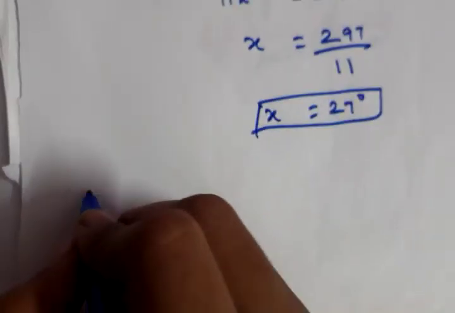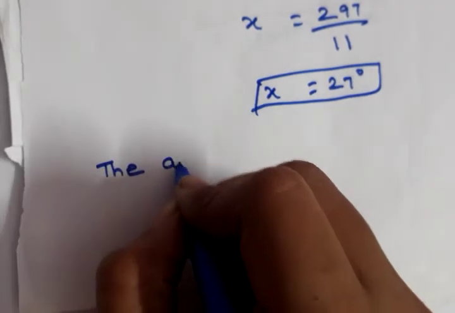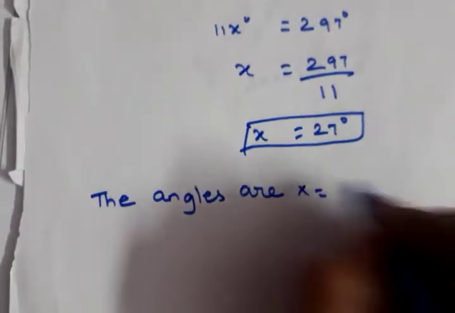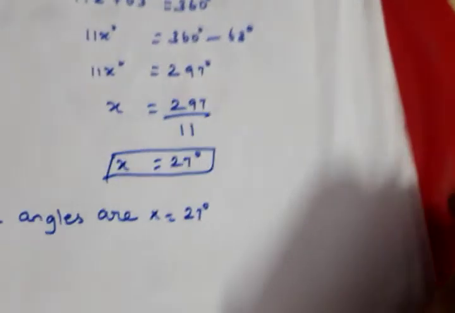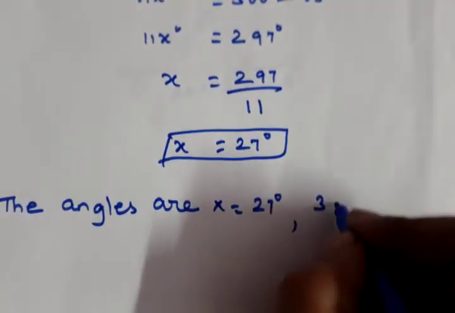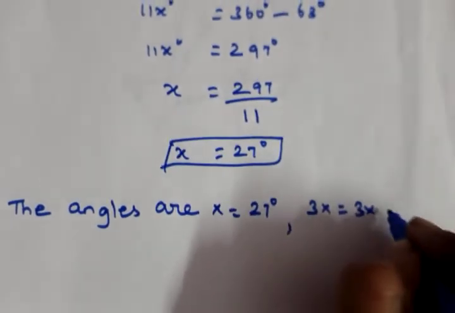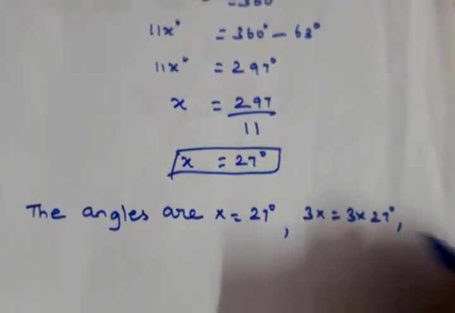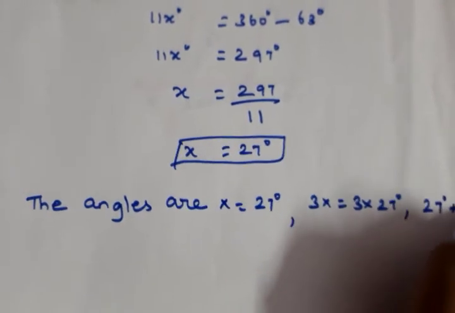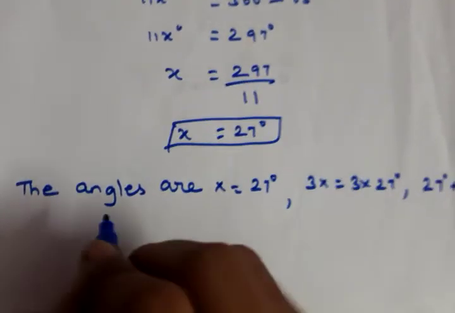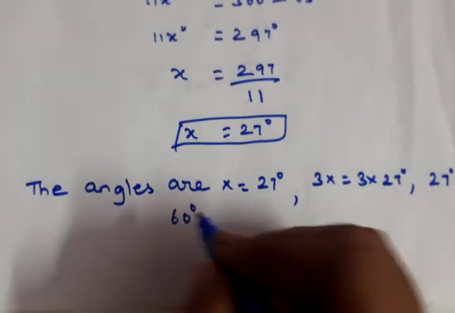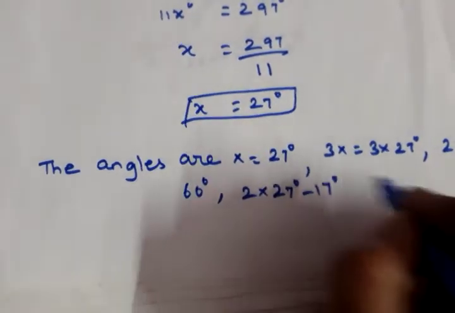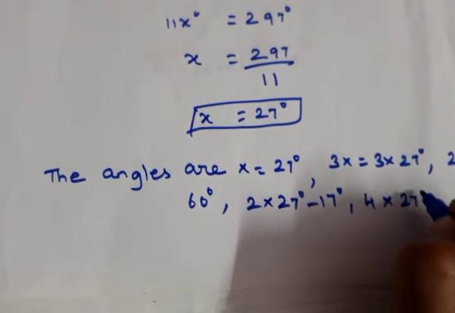The x value is 27 degrees, which you already know. Then 3x equals 3 into 27 degrees. Then x plus 20 degrees, then 60 degrees, then 2 into 27 degrees minus 17 degrees, then 4 into 27 degrees.